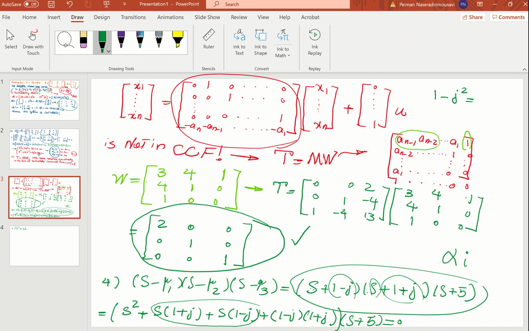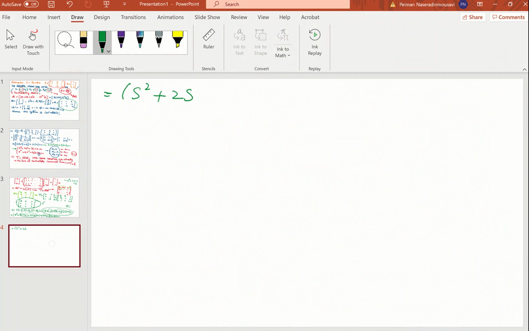What is j squared? It is minus 1, so the result is 2. Here we go, plus 2, in s plus 5. This is trivial algebra.